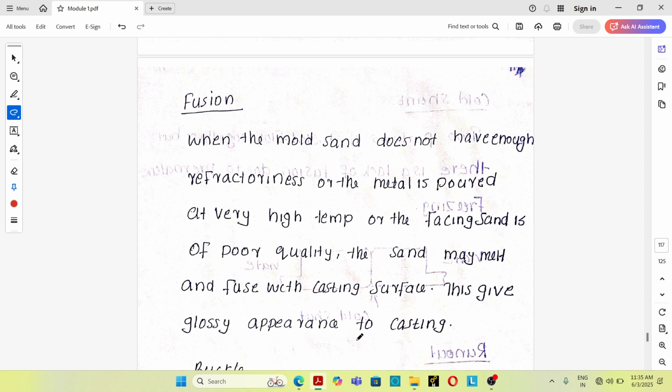This gives a glossy appearance to the casting. The sand that is in contact with the molten material is known as facing sand. So if the facing sand has less refractory strength and the molten material has high temperature, the sand may fuse with the casting surface. This gives a glossy appearance to the casting, and that defect is known as fusion.